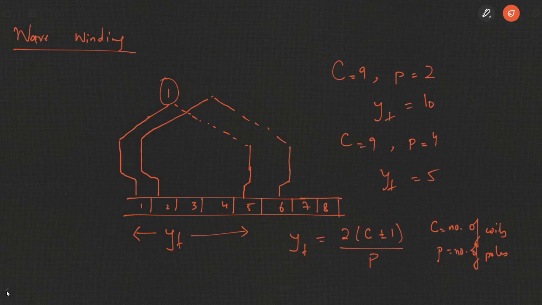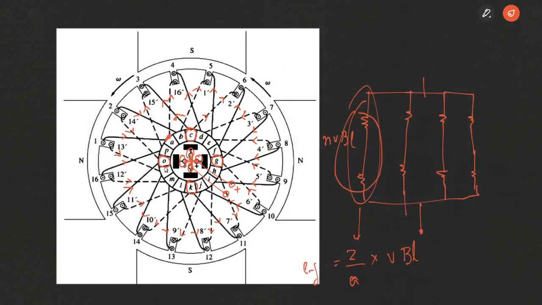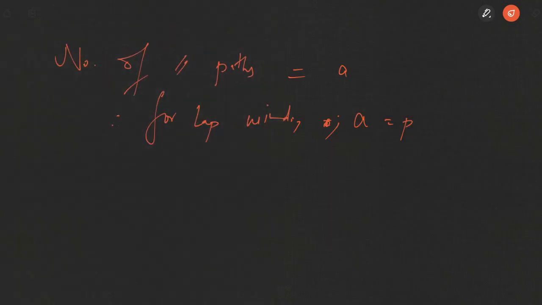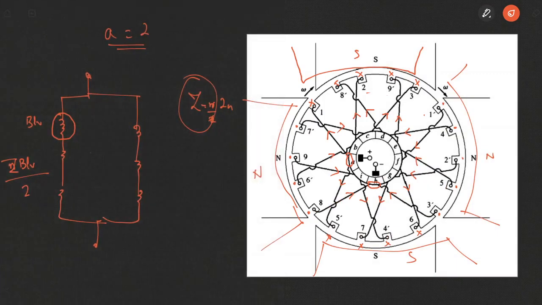For a lap wound machine, what we saw, the number of parallel paths is equal to the number of poles. Therefore we deduce that EMF will be equal to Z divided by A into VBL. But in this case A is equal to 2 for all the cases, so it is equal to Z divided by 2 into VBL. Fine. Now we have already established we can represent V in terms of R omega and B in terms of phi and area.